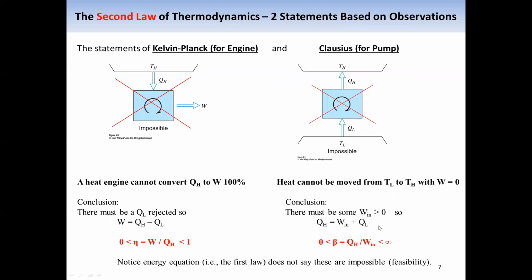Then we have this equation for the refrigerator, and the beta term is always between 0 and infinity.